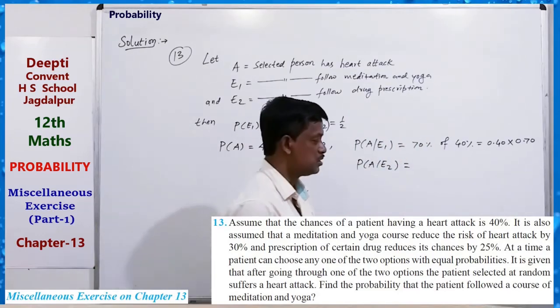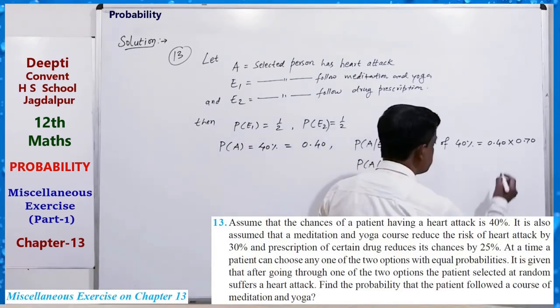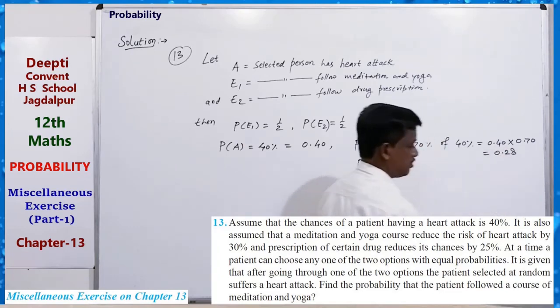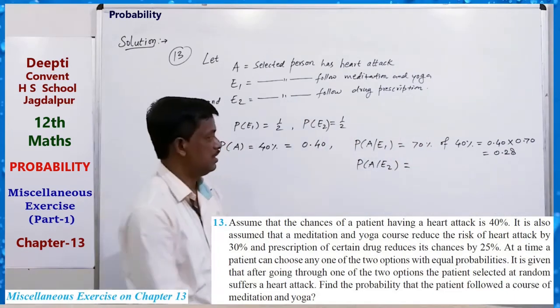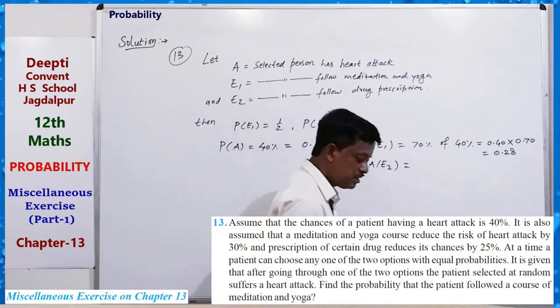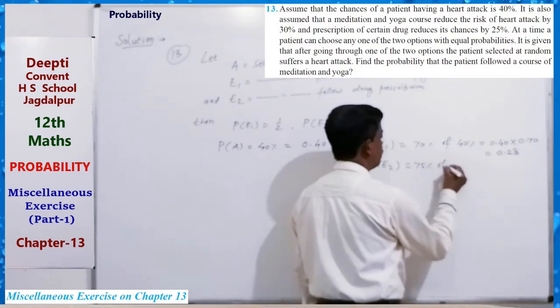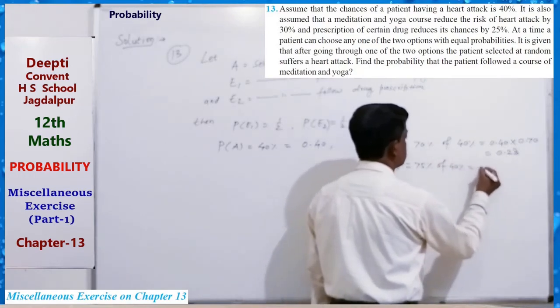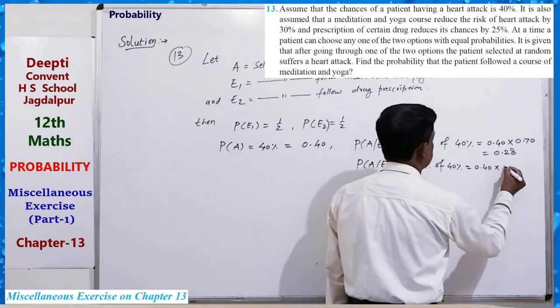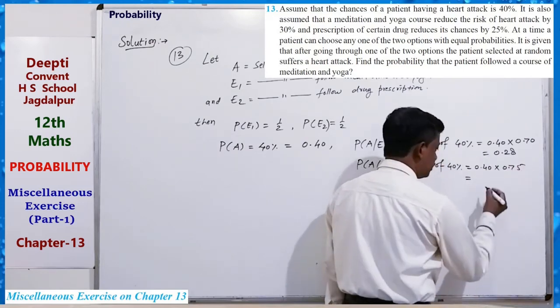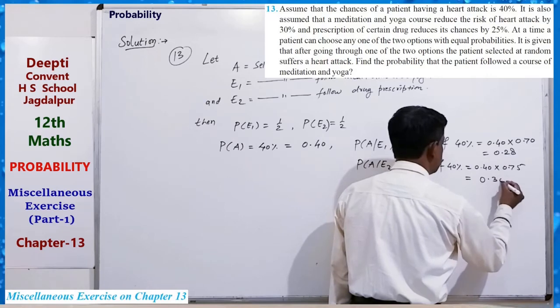Clear? That is 0.28. Similarly here, 25% reduction, so 75% of 40%, which equals 0.40 into 0.75, equals 0.30.